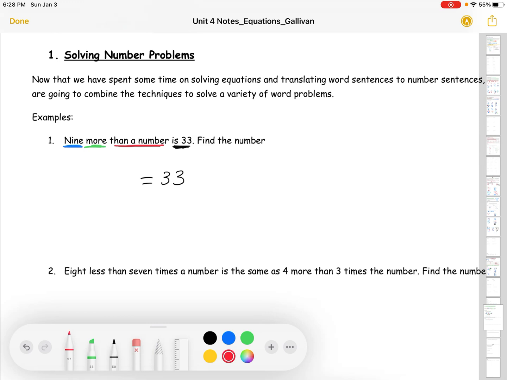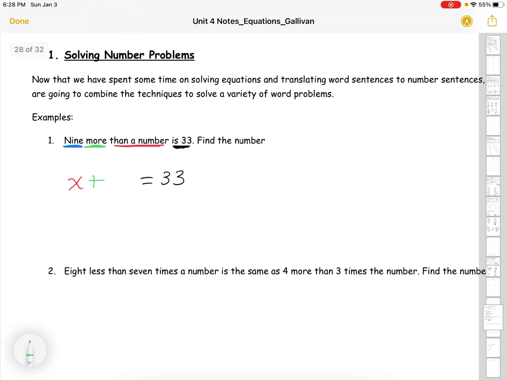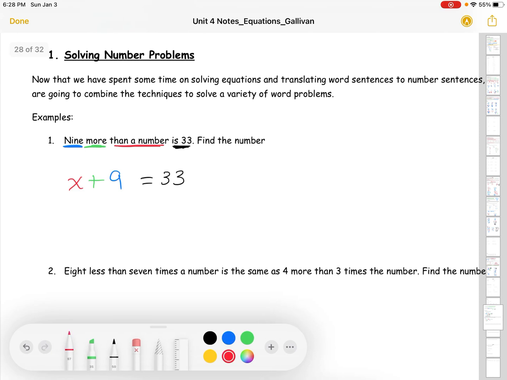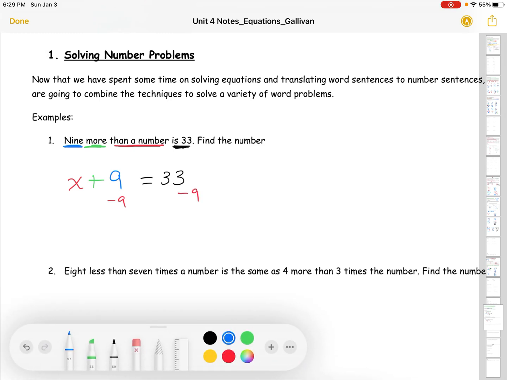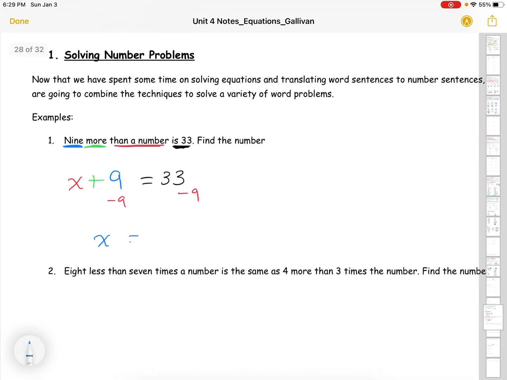9 more means that we're adding. So we have our number is x, and we're adding 9. Now we would solve this. Well, let's think about how we do that. We've added 9, so we're going to subtract 9 from both sides.